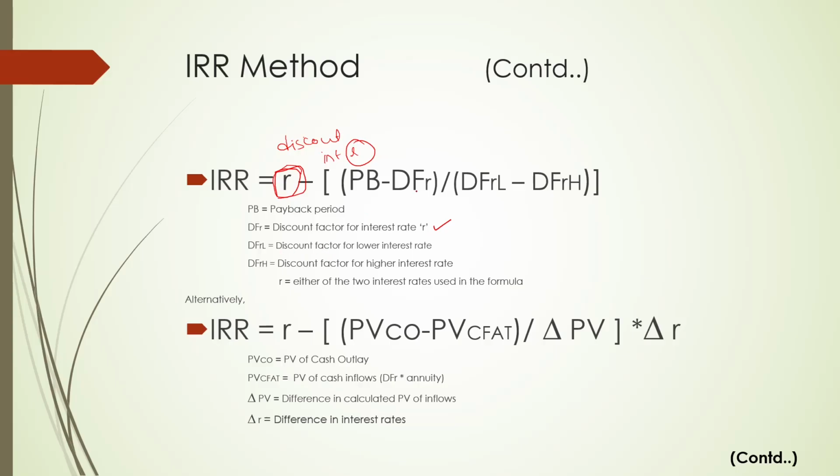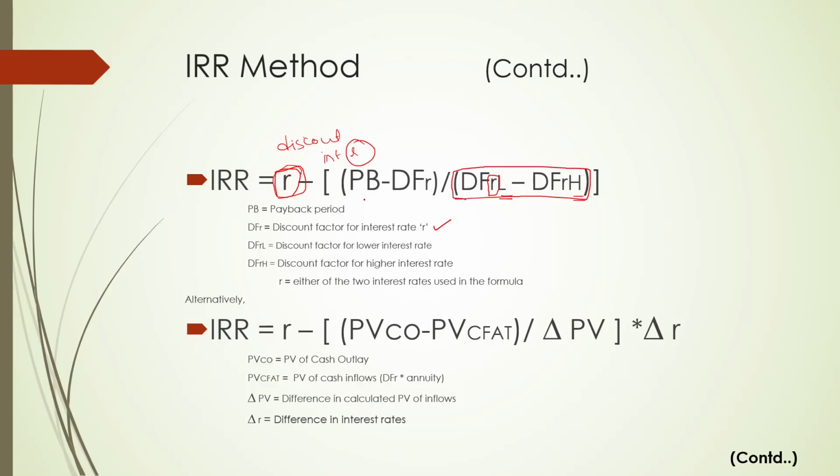Then we have DFRL. L means lower interest rate and H means higher interest rate. So this is common, either higher interest rate you take it here or lower interest rate you take it here. This DFRL and DFRH is same for the calculation.